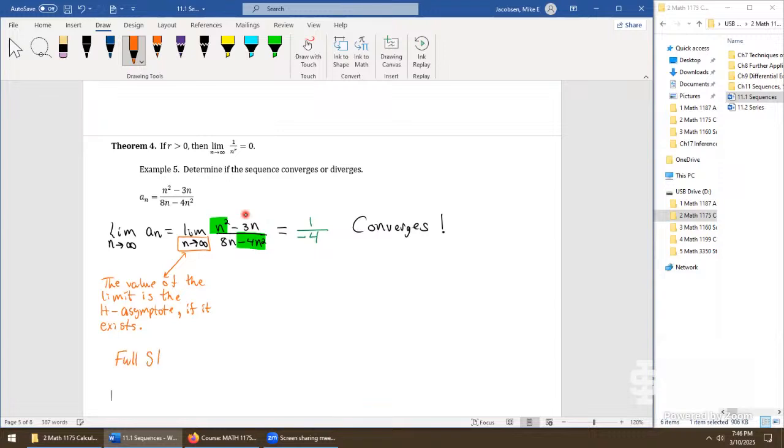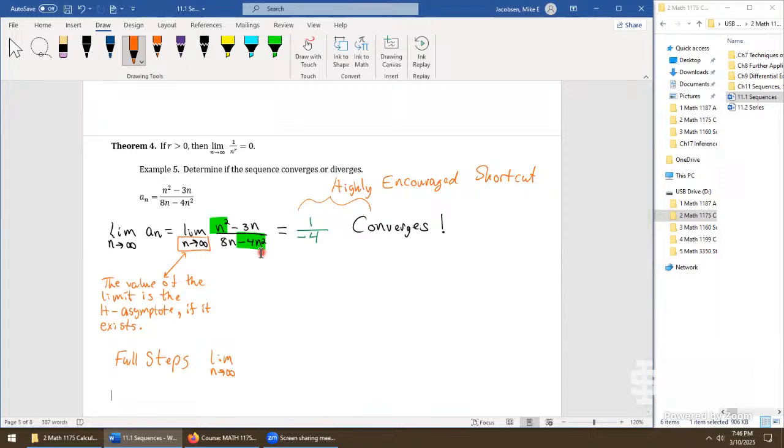So here are the full steps. This is just a highly encouraged shortcut. Full steps would go like this. We take the limit as n goes to infinity, and in the denominator, we identify the term with the highest degree.